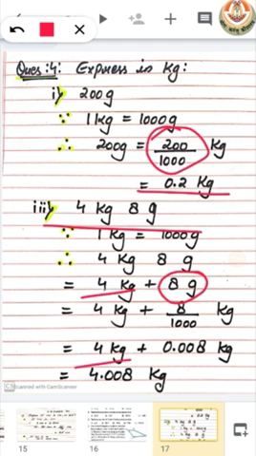Now to convert 8 gram into kilogram, we have to divide it by 1000, and we get the answer 0.008 kilogram. And then we add 4 kg with 0.008 kg to get our answer 4.008 kg.